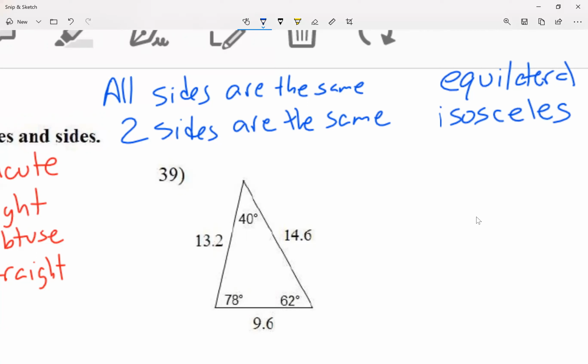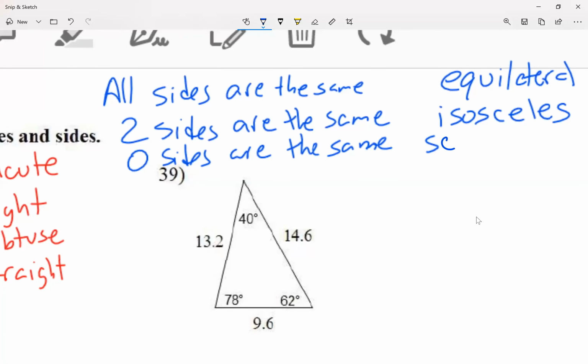Now, if no sides are the same, or just say zero sides, that means all the sides are different. I'm going to call this scalene. So we're going to label it by angles and sides.